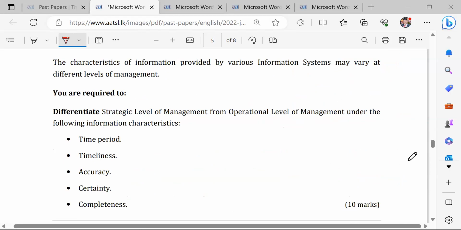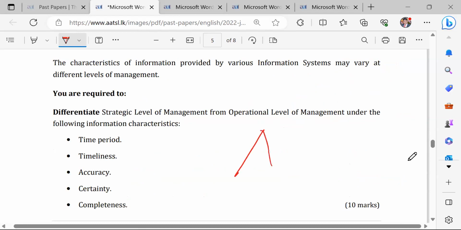The characteristics of information provided by various information systems may vary at different levels of management. Based on the management level, we expect operational, tactical, and strategic information.